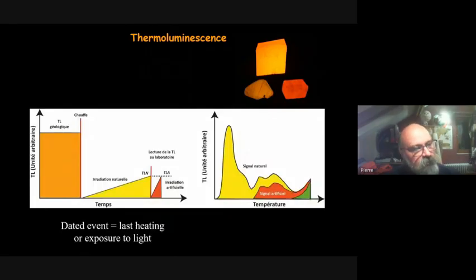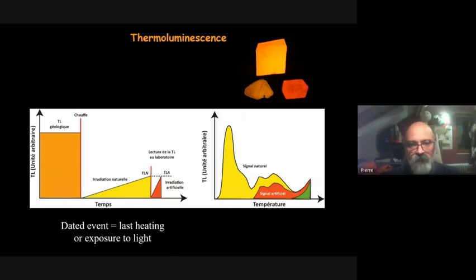Thermoluminescence. For the three methods I will talk about now, the only difference is the way of determining how many electrons are trapped in our crystal. For the first one, it is due to temperature. If you give some thermal energy to the crystal, the trapped electrons are freed, and this freeing of the electrons creates light.